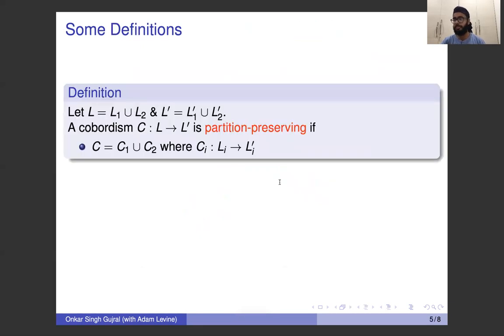Okay, so before we discuss what the main theorem is, we should define a couple of things.